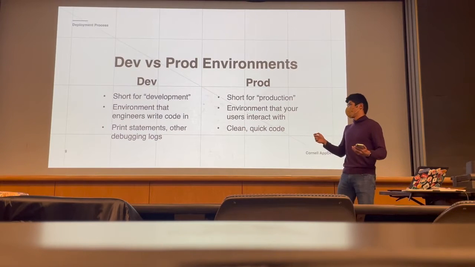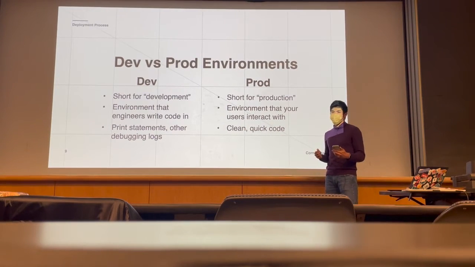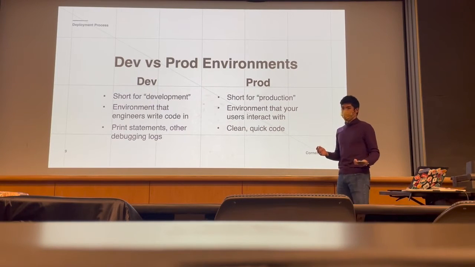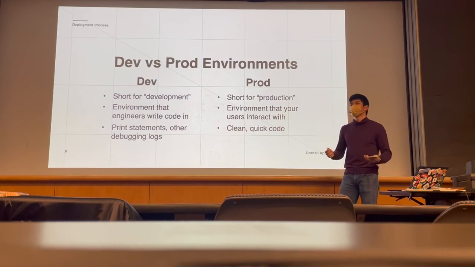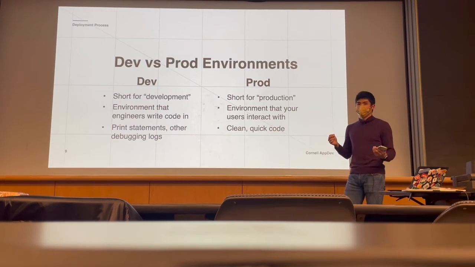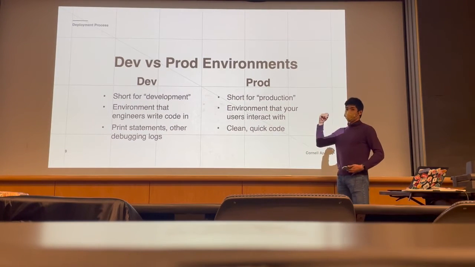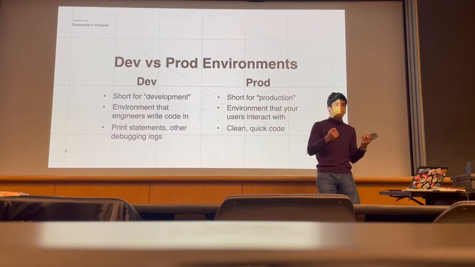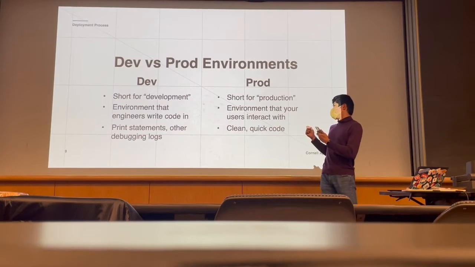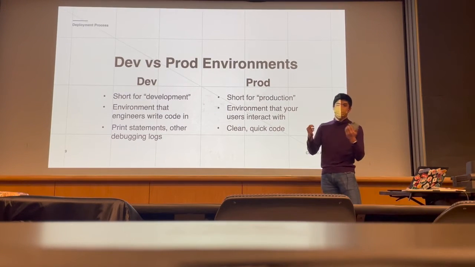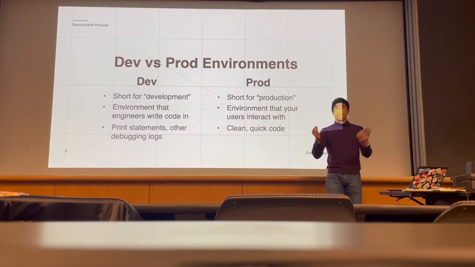So before we talk about the actual steps in deployment, I want to make two things clear. So there's this thing called environments, right? We've been using virtual environments this entire class. And there's two distinct environments that we have to note and keep in mind. So there's a dev environment, and then there's a prod environment. The dev environment is the code base that we actually work on. This is short for development, and it's usually pretty messy. It has test cases, it has print statements for debugging help, it has all that.